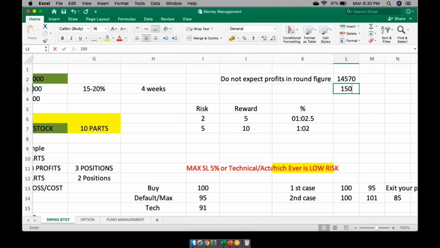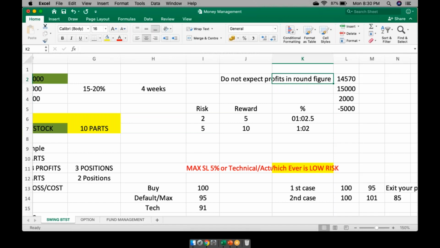You are expecting 15,000 profit. I'll tell you, sir, I'll write and give you, it will not happen. What happens is you will again book when the profit is 2,000 rupees, or else you will book a 5,000 rupees loss. So do not expect profit in round figures. Only loss will happen in round figures in the stock market. I will write and give you.